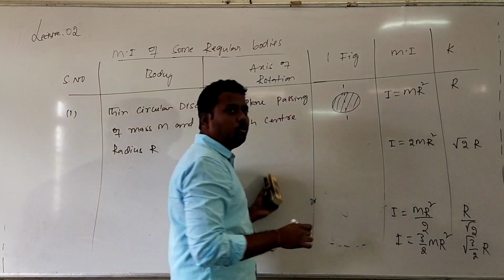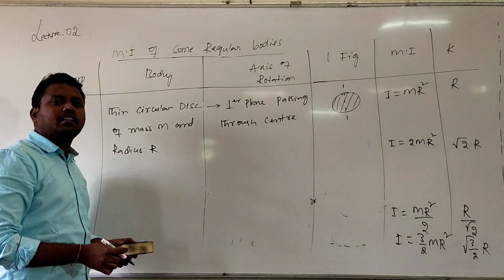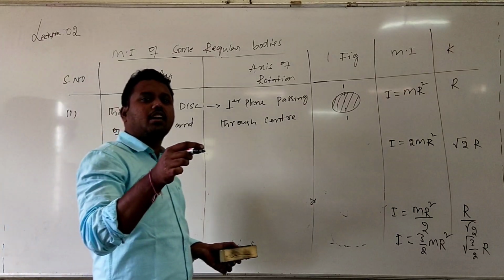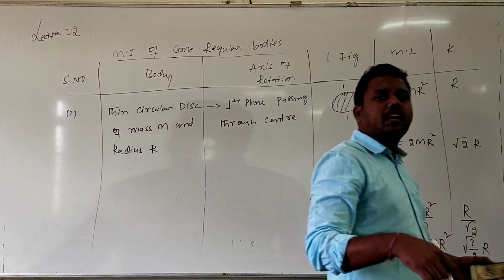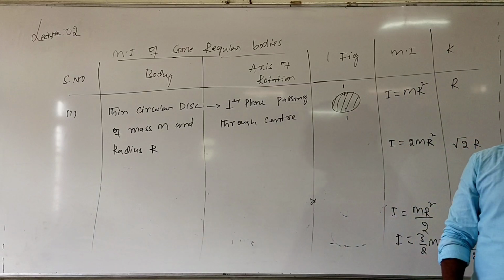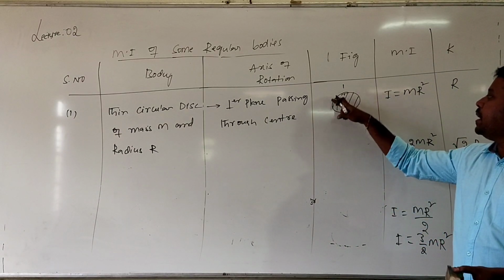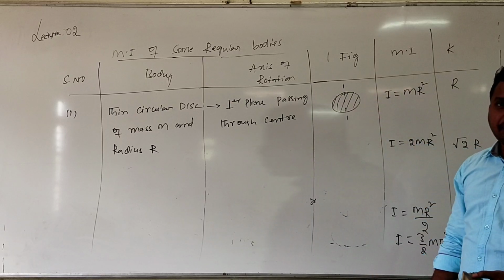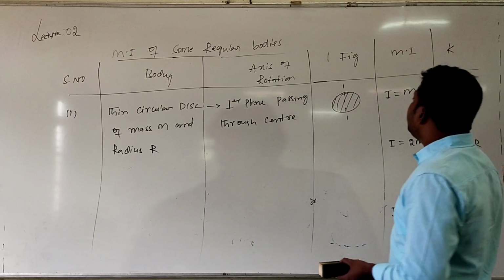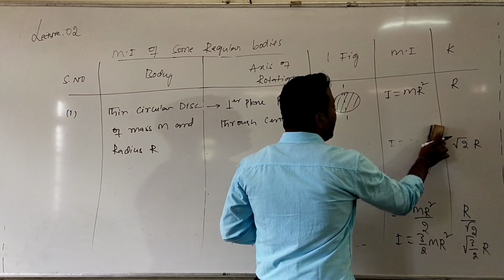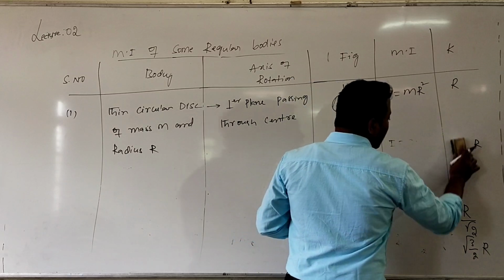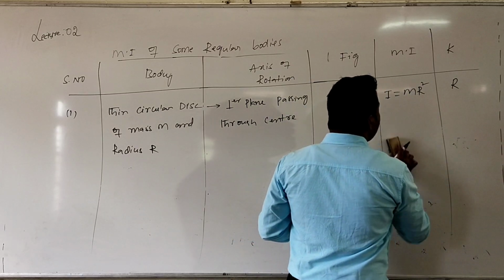A circular ring is hollow. A circular disc is like a circular coin, so mass will be there everywhere, whereas for the circular ring, mass is only on the ring. Then the moment of inertia I value is equal to mr square by 2.